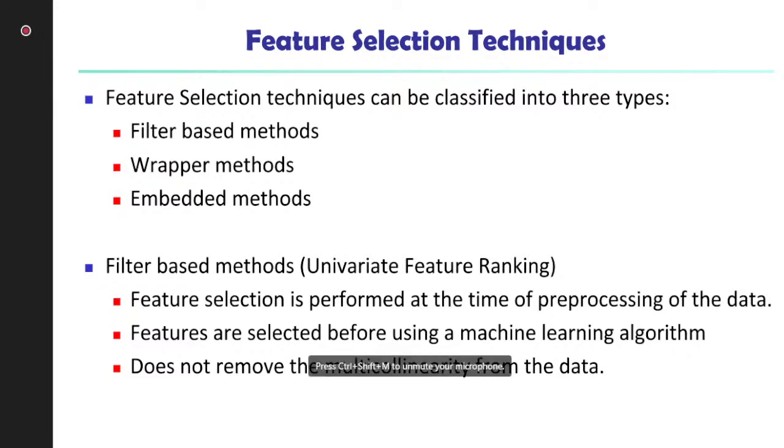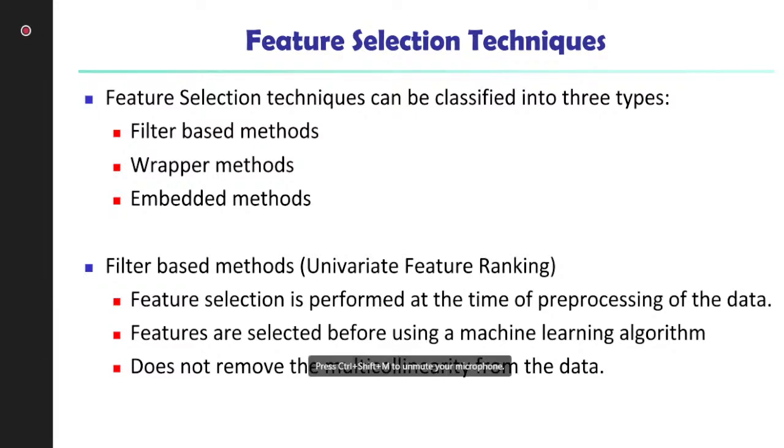Filter based feature selection is performed at the time of pre-processing of data. That's why univariate or filter based methods are a pre-processing step which we do with the data before the data is exposed to the machine. We haven't given any input to the machine yet, but we are making the data good.